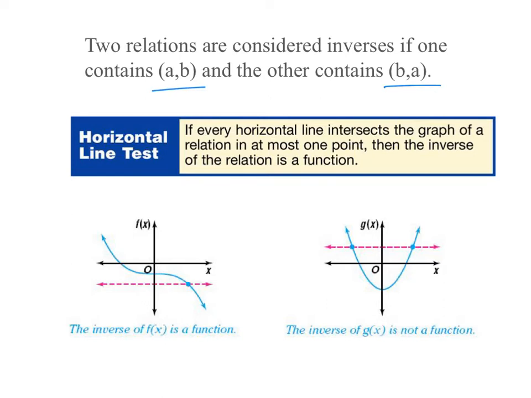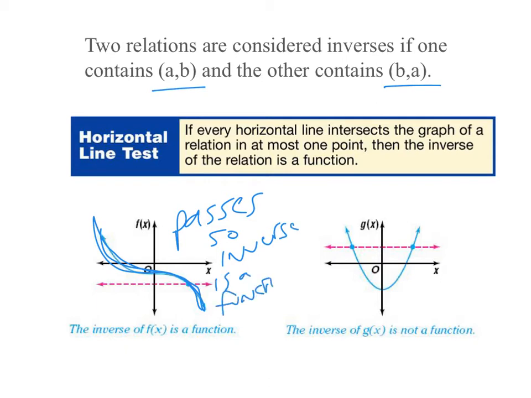Let's pretend that this blue line over here on the left is my original function. Since it passes the horizontal line test, the inverse function would pass a vertical line test. So this passes, so the inverse is a function. I'm not graphing it, but I know that the inverse will be a function.